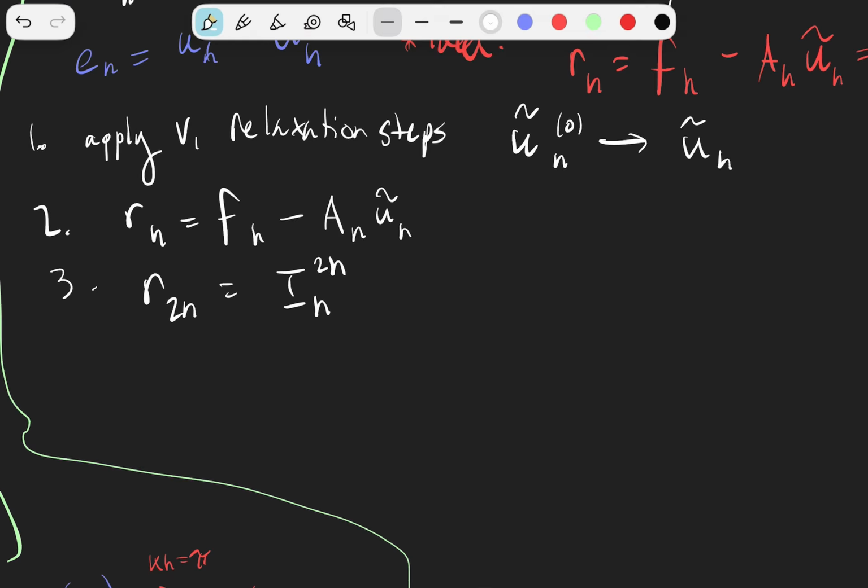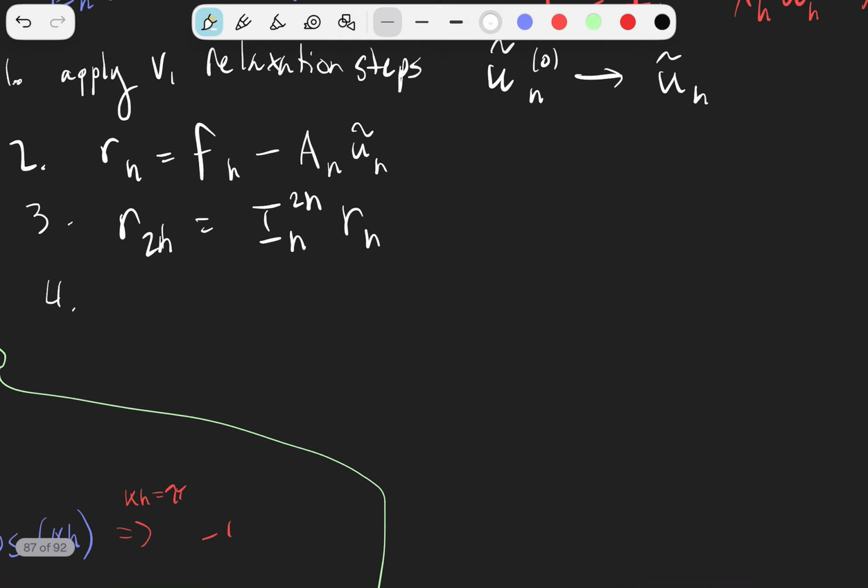This is called a restriction operator, which is essentially trying to do a full weighting or injection, if you will, of the residual that we originally got onto the coarser grid. And then we can solve the coarse grid equation exactly for the error that's true to that grid, which will be equal to our 2H.